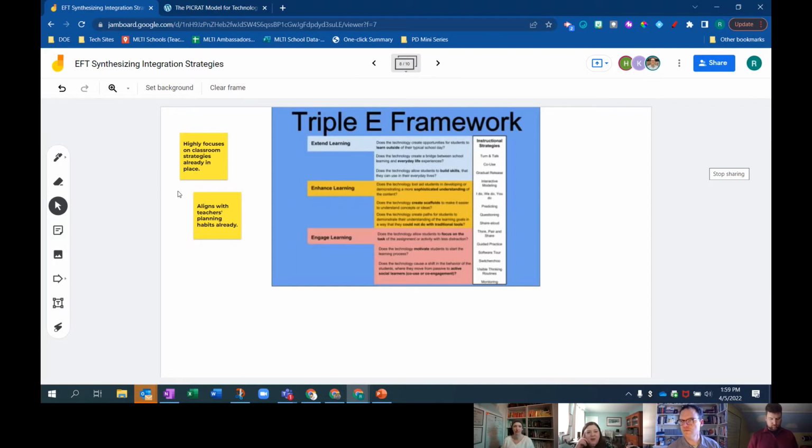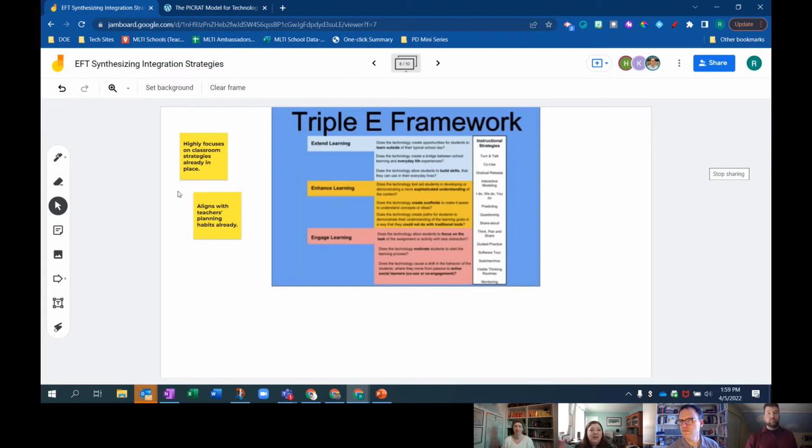And I put in my notes that one thing we learned from the pandemic is that there are some things that we do in our classroom that cannot be replaced with digital tools. We look at all these models, and I think it's great for teachers to remember that every lesson doesn't have to have technology in it, because there are some things that are just better without it.